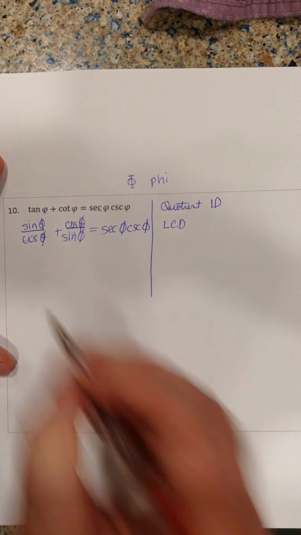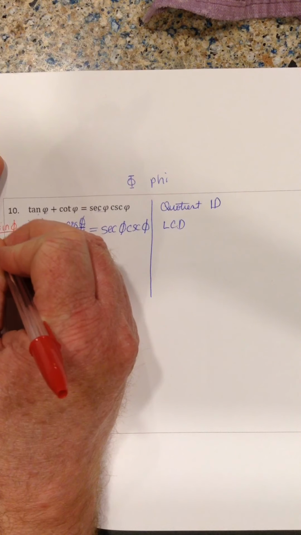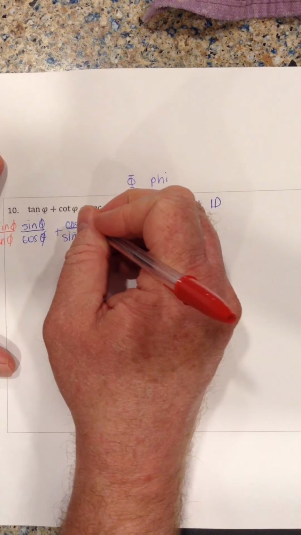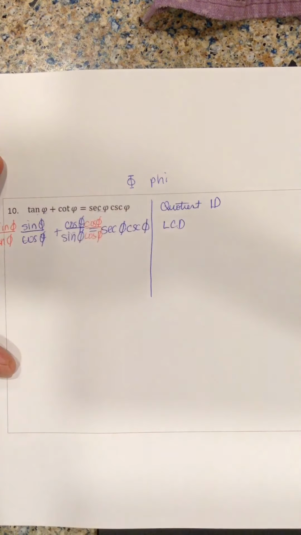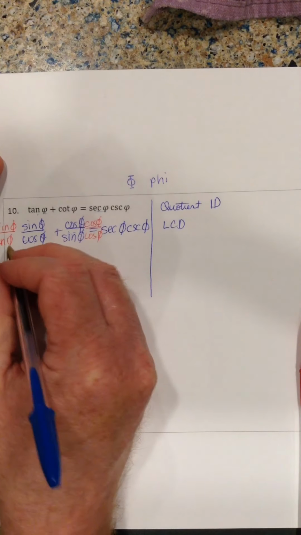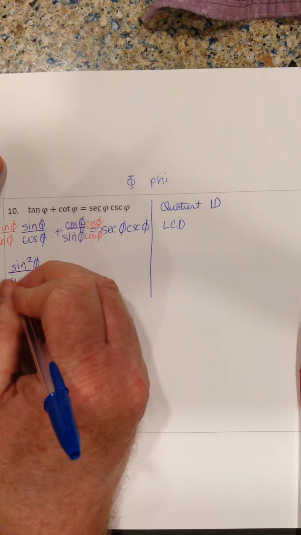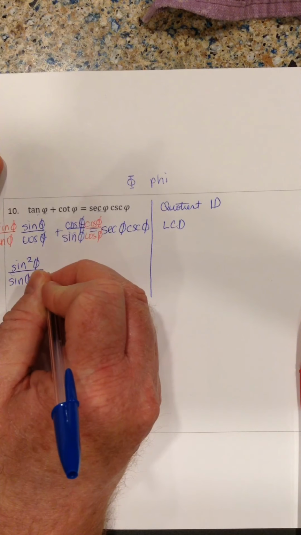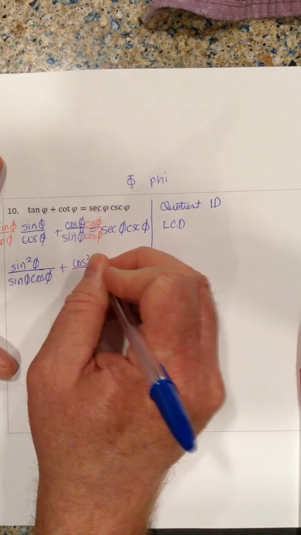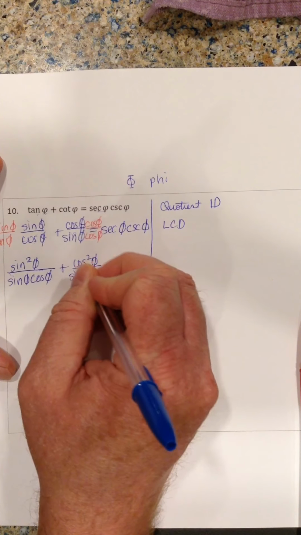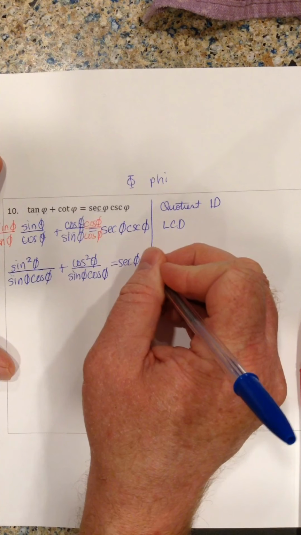On this side, I'm going to multiply by sine of phi over sine of phi. And on this side, I'm going to multiply by cosine phi over cosine phi. So when I multiply, I get sine squared phi over sine phi cosine of phi plus cosine squared of phi over sine of phi cosine of phi equals secant of phi cosecant of phi.